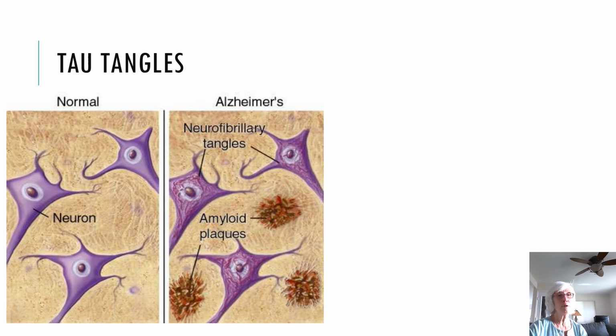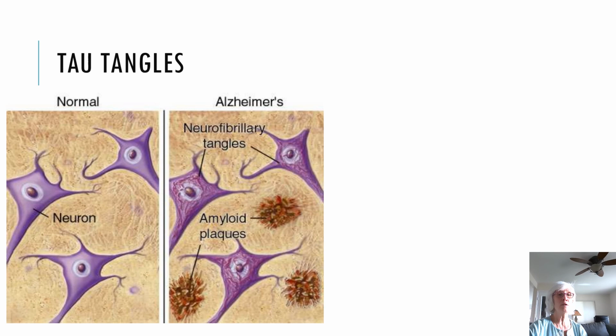The first of those is tau tangles. Tau is actually an intracellular cytoskeletal protein. It is associated with the microtubules, and the microtubules are responsible for moving things inside the neuron. So it's sort of a moving sidewalk inside neurons.